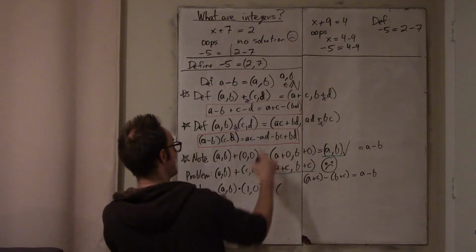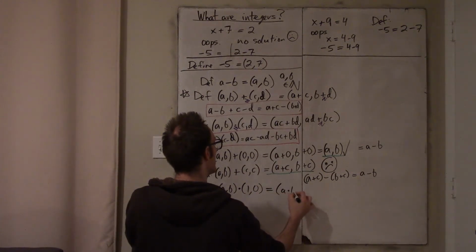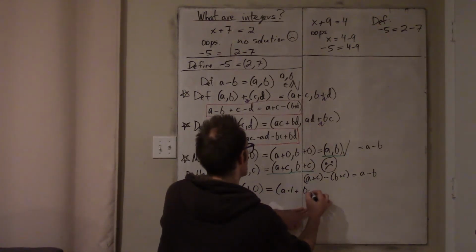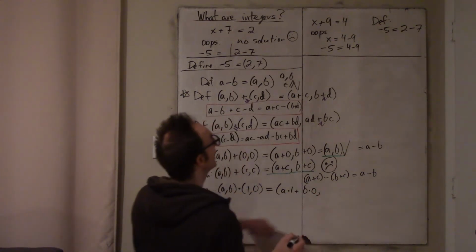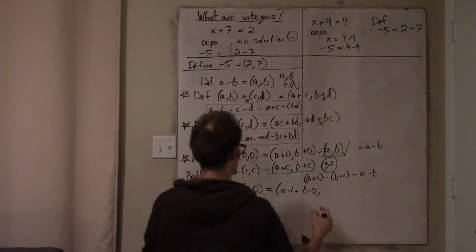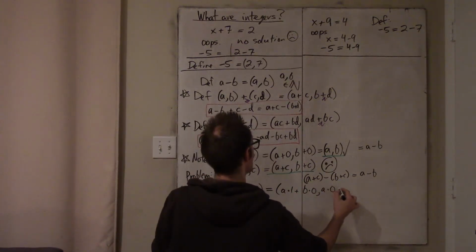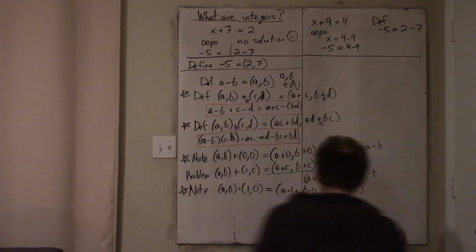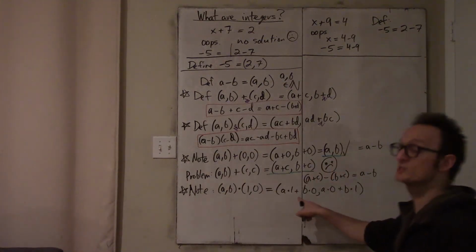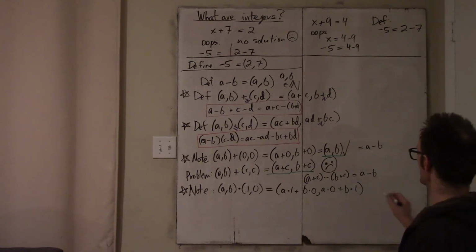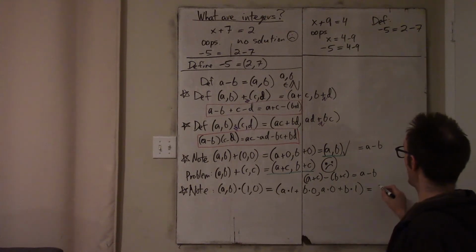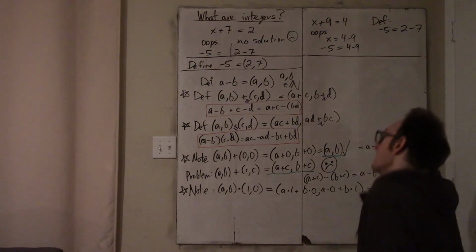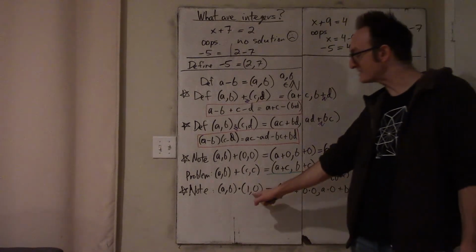I get AC, so A times 1 plus B times D, so that's B times 0, comma AD, so that's A times 0 plus BC, so that's B times 1. And when I perform the various operations with natural number addition and multiplication, I just get A comma B. And so I'm very happy, and I seem to have found my multiplicative identity element.